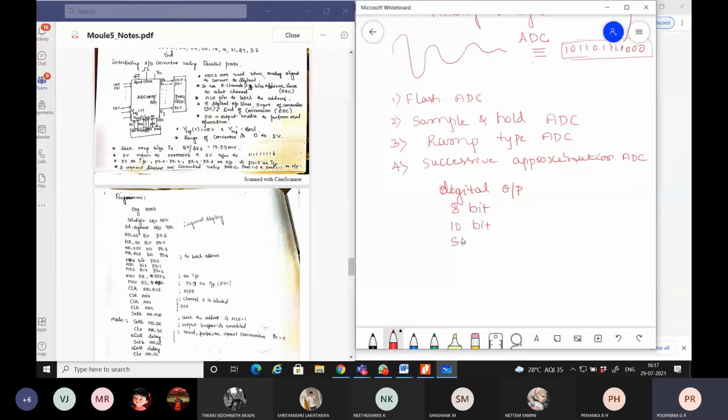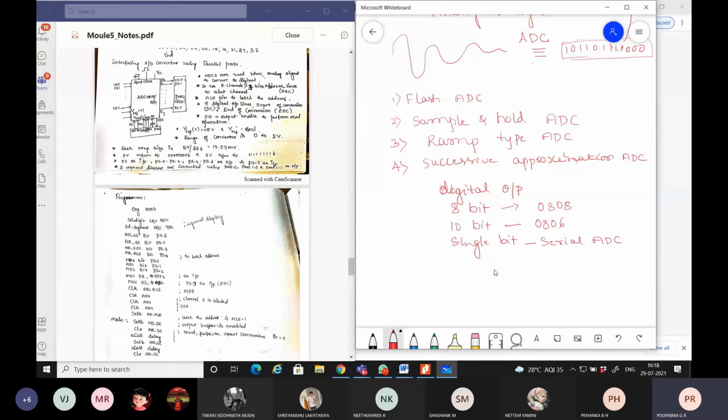When an 8-bit ADC is considered, the example is 0808; for 10-bit ADC, 0806. If you go for single bit, we will say it is a serial ADC. Such ADCs also we can use.